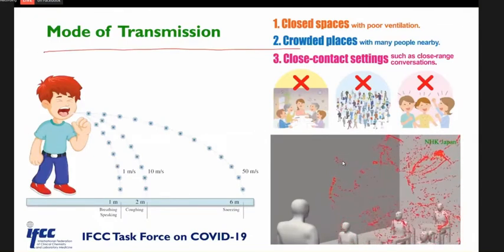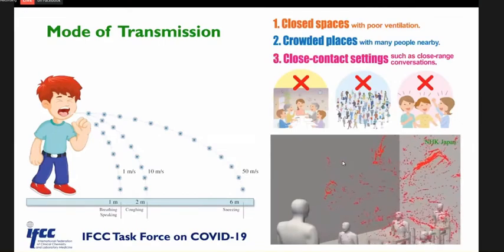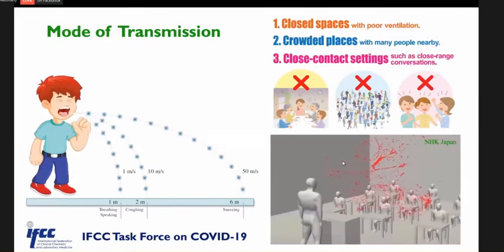Here in Japan, we strictly follow the 3C rule, that is, avoid crowded places and close-contact settings. If these 3Cs overlap in your daily life, the risk of getting infected can drastically increase.